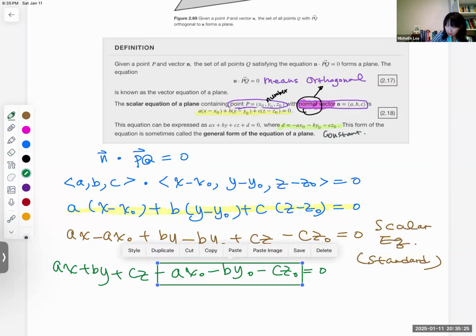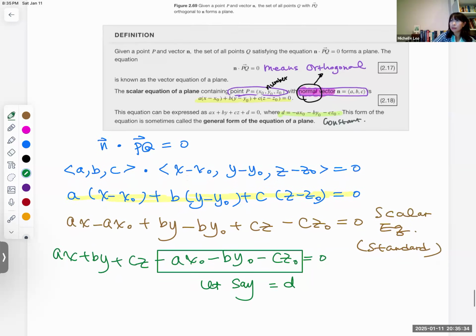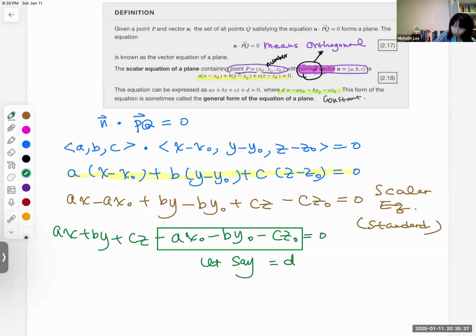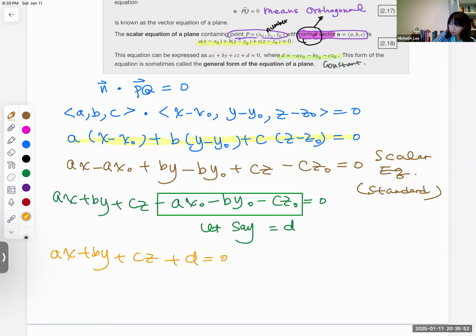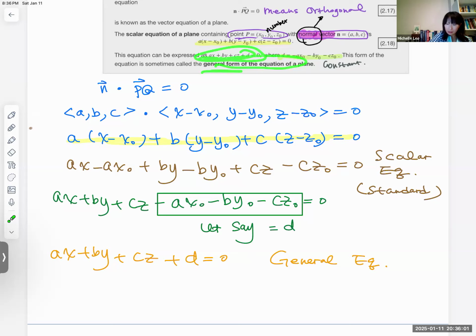There's no meaning. So let's say equal to d. Then we can express ax plus by plus cz plus d equal to 0. So this is the general equation. So here we go. This is the one. They talk about the general equation of the plane, right?